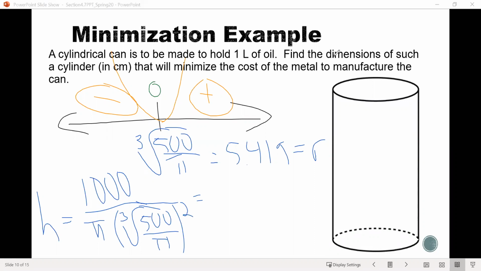And if we do that, what we end up with is 10.839, which of course we should put that these are both centimeters. Okay, so those will be the dimensions that minimize the amount of material needed to use for the can.